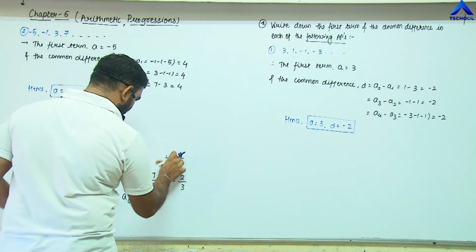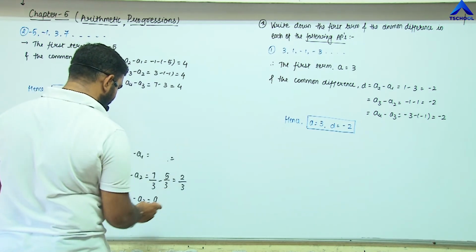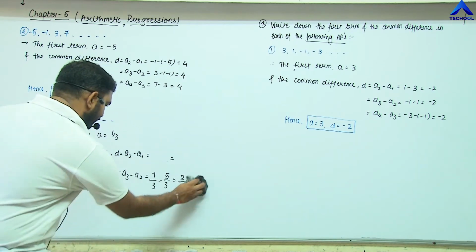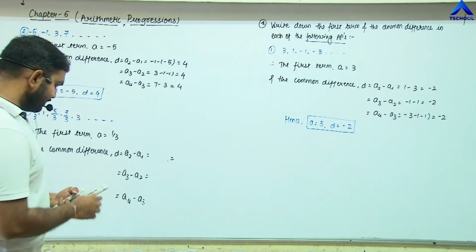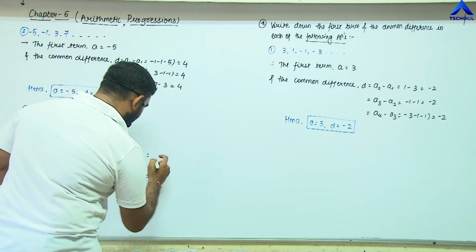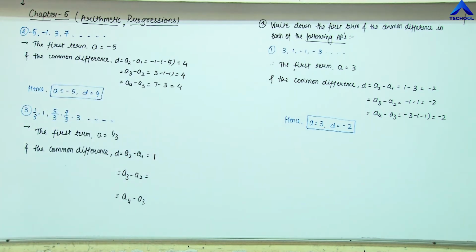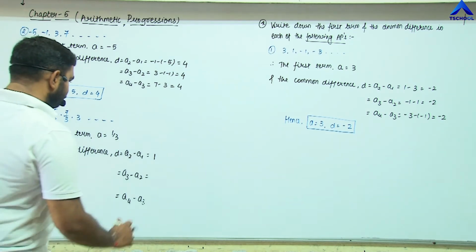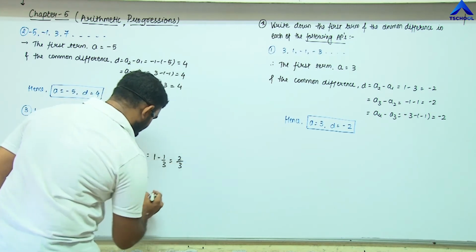Here it will be a slight change for the rest of the terms, because I think I have missed out a term in between, so that is a2 1, sorry, minus 1 upon 3, that is 2 by 3.